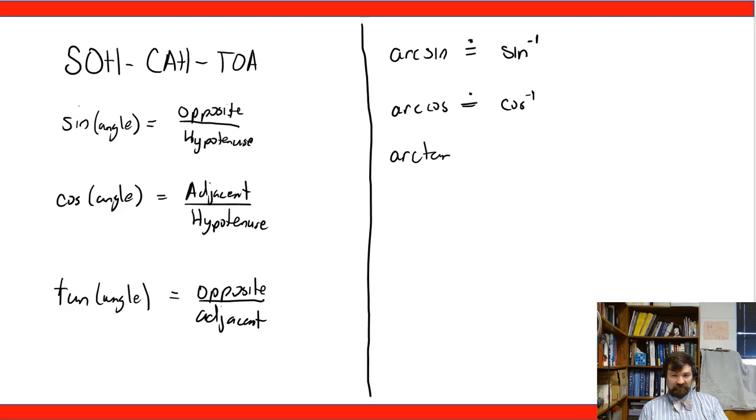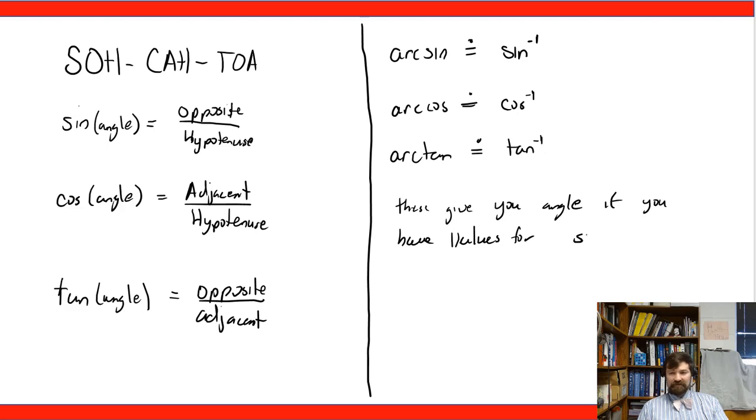And arc tangent is the tan negative 1 button. These three functions give you the angle if you have values for sine angle, cosine angle, or tangent angle, respectively.